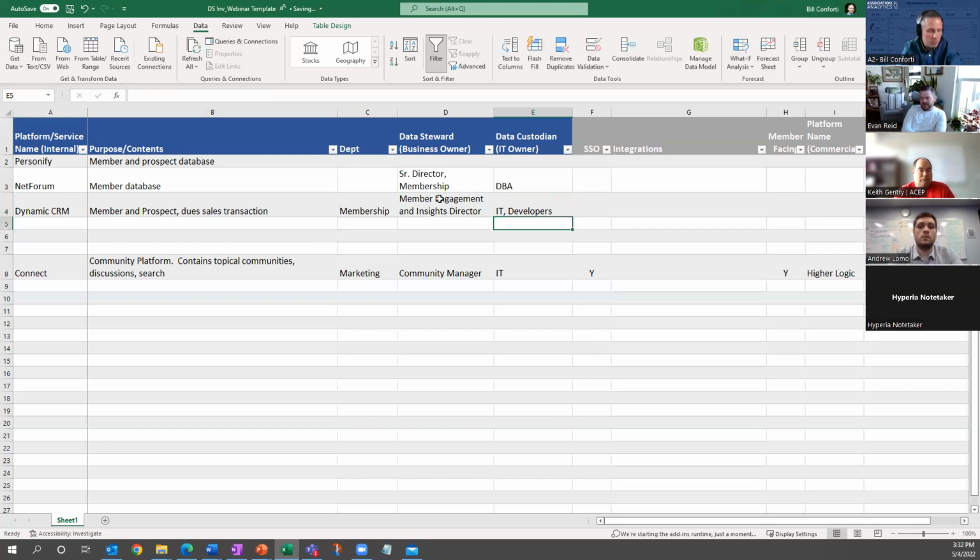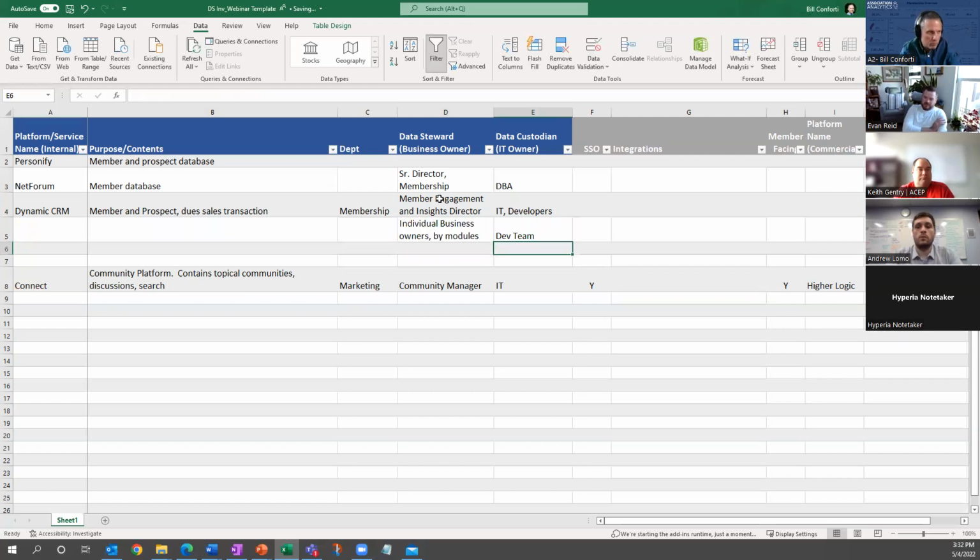The individual business units would be the business owners of the content in different modules within the AMS. And I would consider them to be the subject matter experts for those individual modules. Yeah. I would agree with that, because where I came from before, we were on NetForum, and how it's separated out into modules. So I would absolutely agree with that.